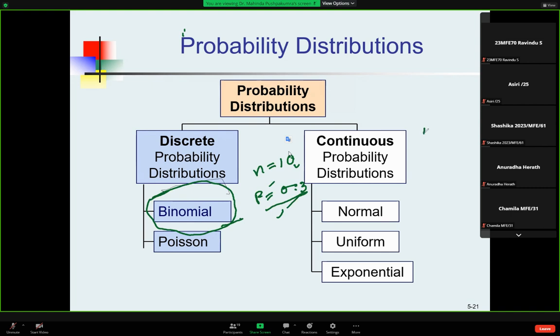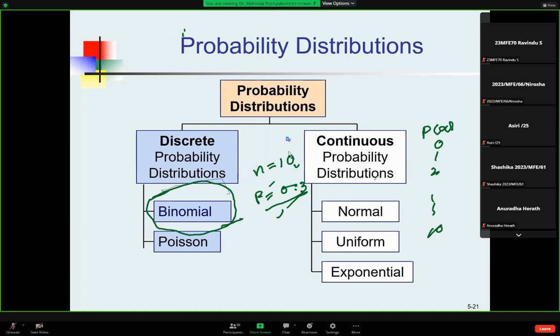Then our random variable x is, let's say, 0. 0 means you have applied for 10 jobs, but they did not call for interview from any jobs. Let's say 1. 1 means they call only one interview. 2 up to 10.